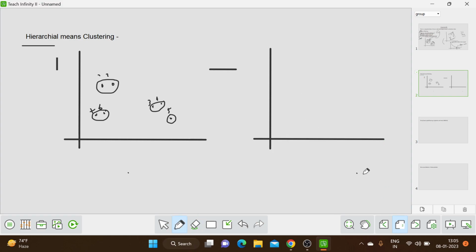And in this graph, I have the data points 1, 2, 3, 4, 5, 6, 7. See, 1 and 2 are my pairs. I draw this 1 and 2. 3 and 4 is there.